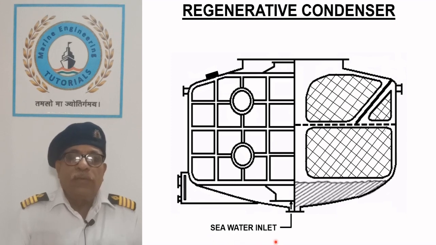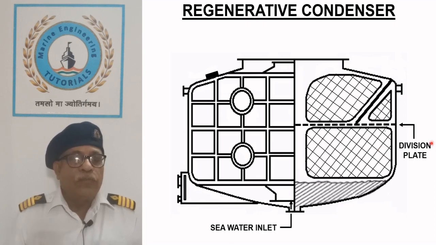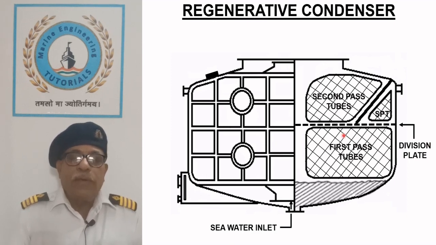Seawater enters the water box from the bottom. Division plate in the water box allows the seawater to travel through the tubes in two passes. Division plate also separates the tubes in two sections.